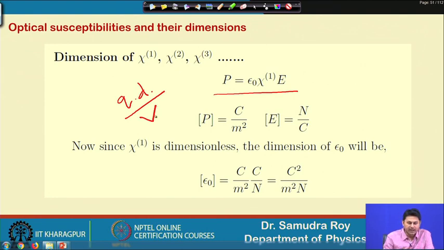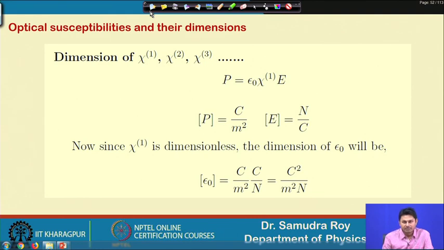So, this volume should have 3 distances, that means centimeter, centimeter, centimeter, and this distance is centimeter. So, if I cancel, it should be centimeter square, and this charge is coulomb. So, coulomb divided by centimeter square, or in this unit it is meter square. So, coulomb divided by meter square is essentially the dimension of the polarization. We know the electric field dimension is Newton per coulomb.